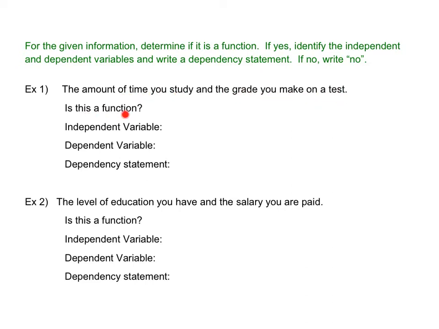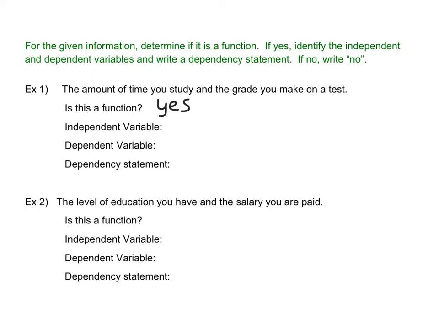So is this a function? Is one dependent on the other? I would say yes, that is a function. Now identify the independent variable. Remember, the independent variable is the cause. It is your x values.